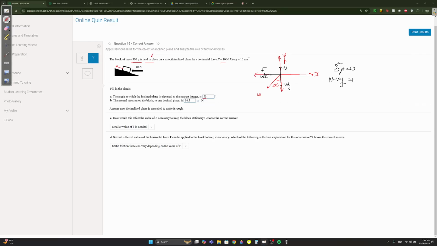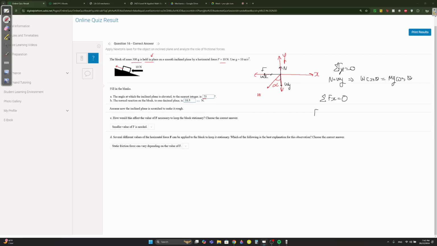And what is Wy? It's W cosine theta, which is mg cosine theta, or alpha, or whatever you want to call it. How about sigma Fx? We only have two forces acting. Since it's not moving, it's equal to 0.